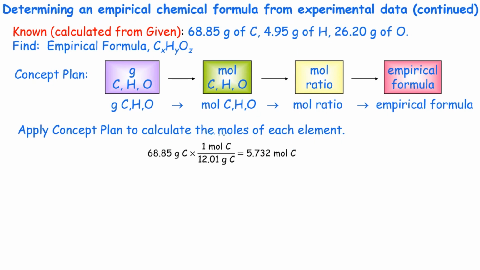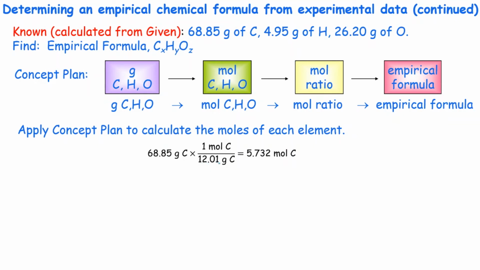Let's calculate the moles of each element. Carbon, we have this many grams, and we are converting from grams, put that on the bottom, and converting to moles, put that on top. So that's dimensional analysis, all right? And 12.01 is the molar mass.